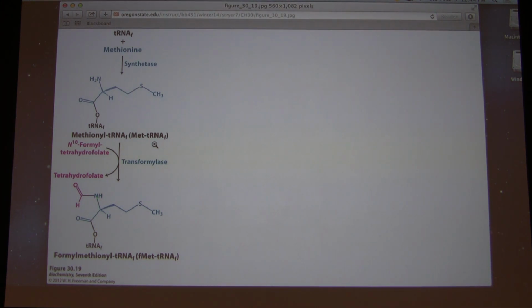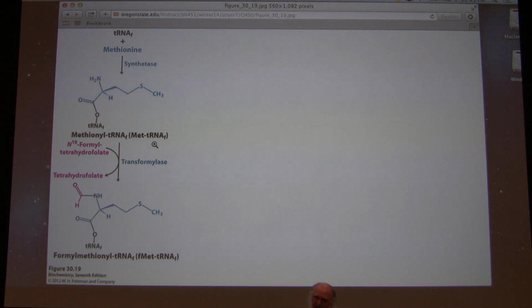It's reactive, and it will bind, and translation will stop if the unstable structure is allowed to form. So to keep this unstable structure from forming, cells put a formyl group on the methionine that's on the initiator tRNA. The initiator tRNA is the one that contains that first methionine.